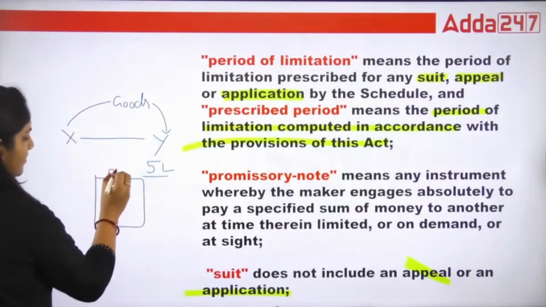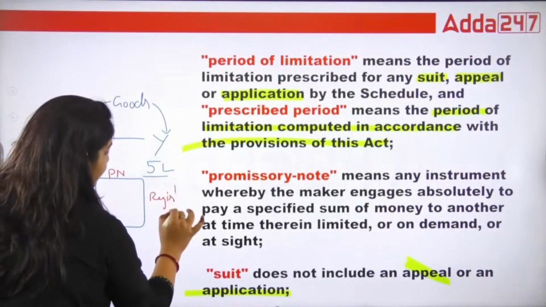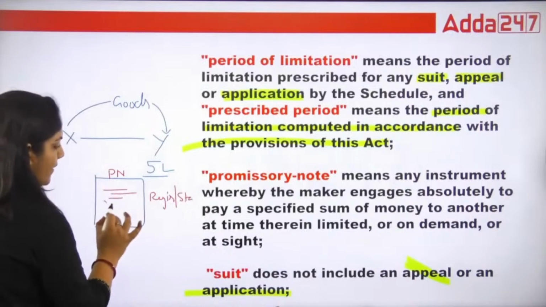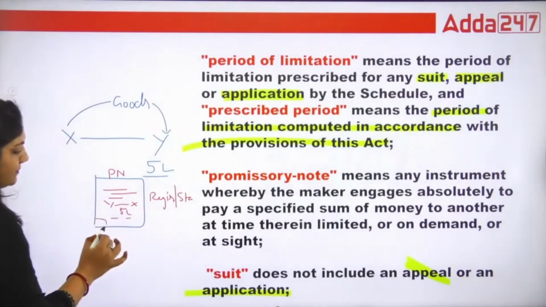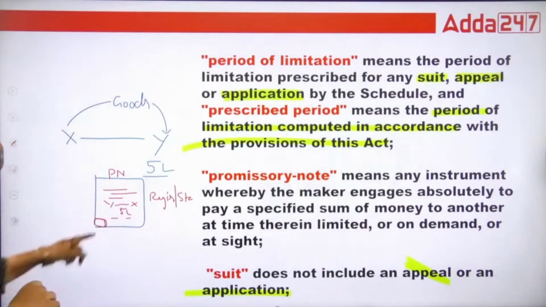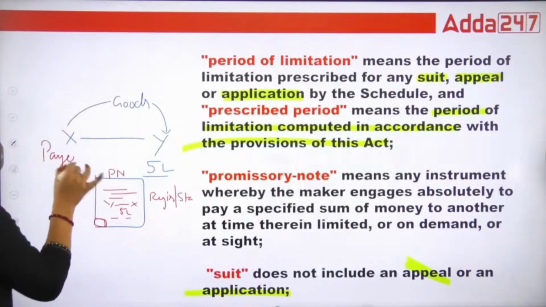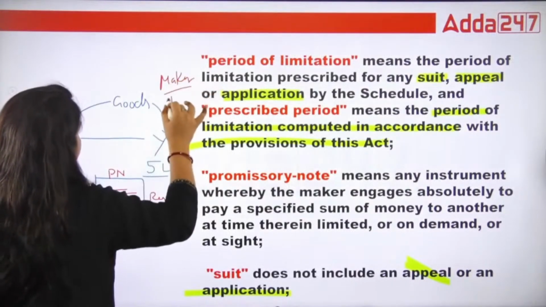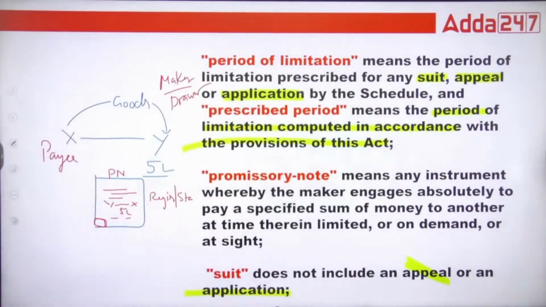That document is promissory note. It must be registered and stamped, and it is written that Y will give X 5 lakh rupees after 1 month and Y will sign here. This is called promissory note. So in that case, X is the payee and Y is the maker and drawer. That's it.